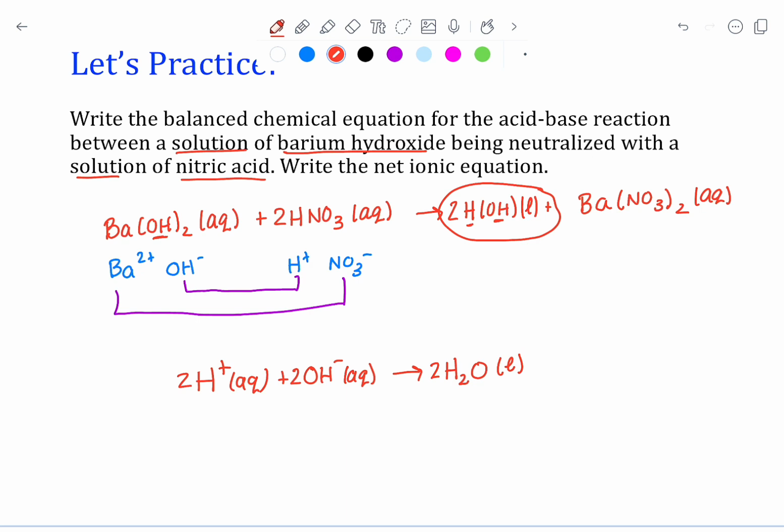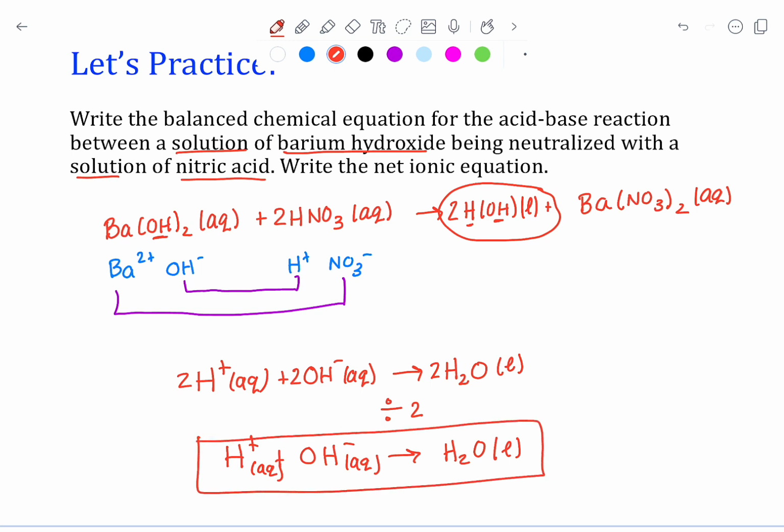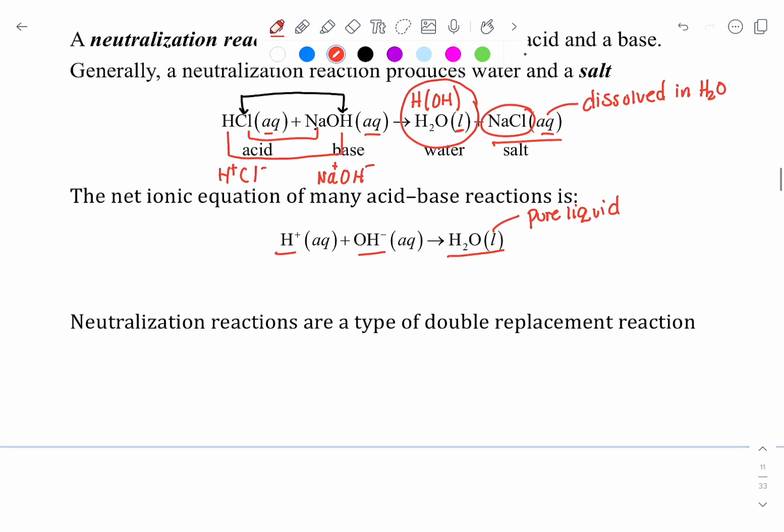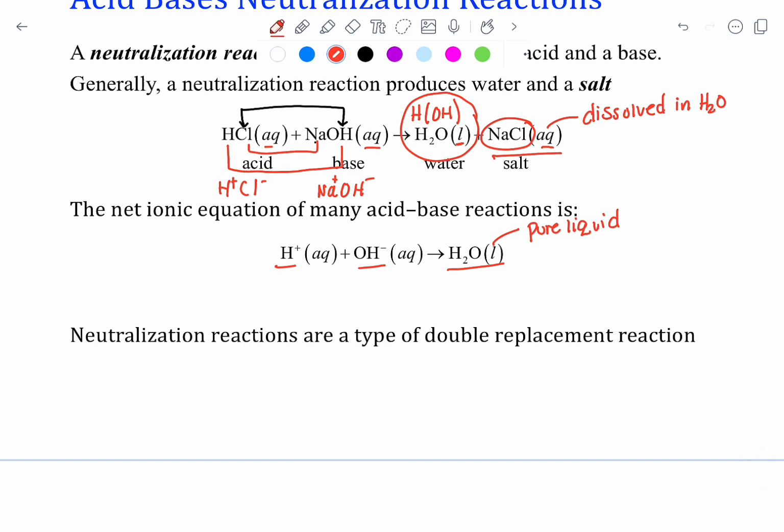However, we have to remember that if we're writing balanced equations, we have to show the simplest whole numbers. So we would divide this whole thing by 2, and we would get H+ plus OH- creates H2O, with (aq) on both of these. So there's our net ionic equation, which follows our rule from our previous slide that the net ionic equation for many of these acid-base reactions is H+ plus OH- goes to H2O.